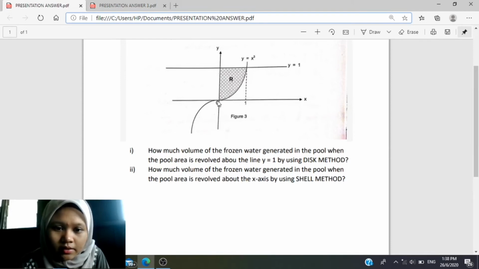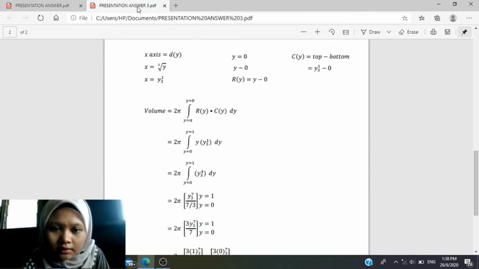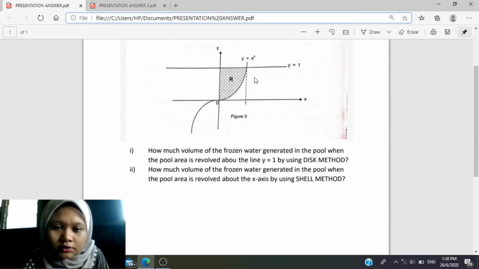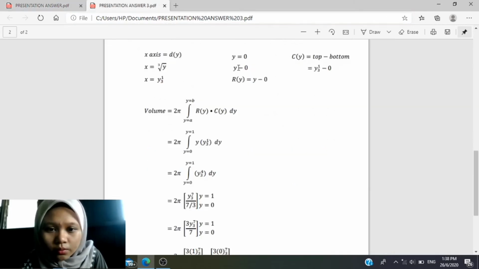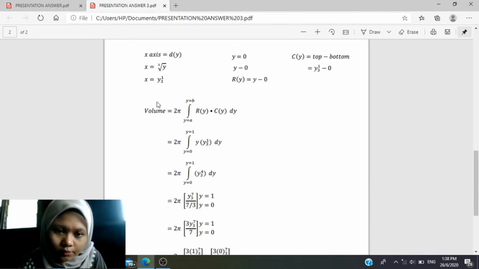We start with 0 here, and the shaded region is on the right. So y is minus 0, so ry is y minus 0. We need to use ry in this formula, and then we need to use cy in this formula. cy is top minus bottom.